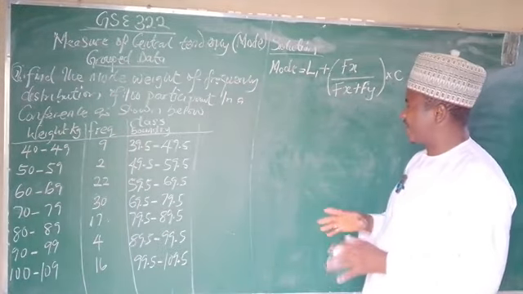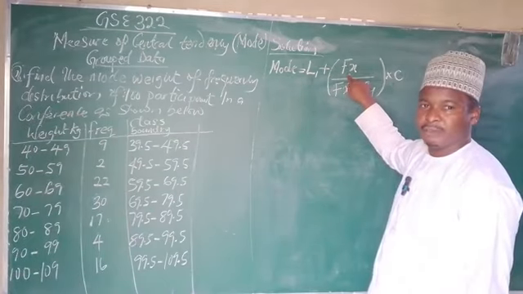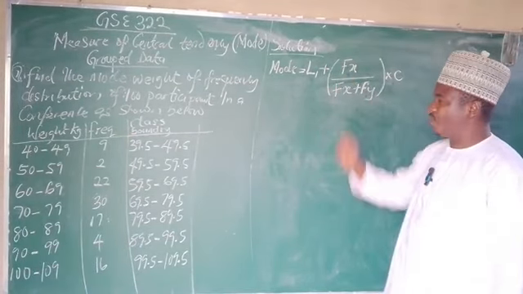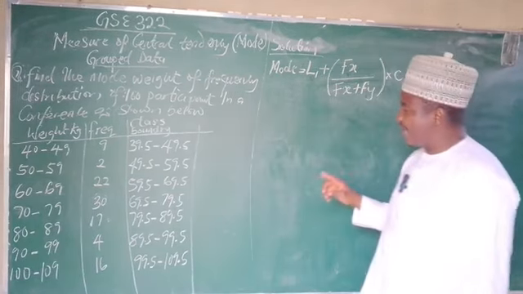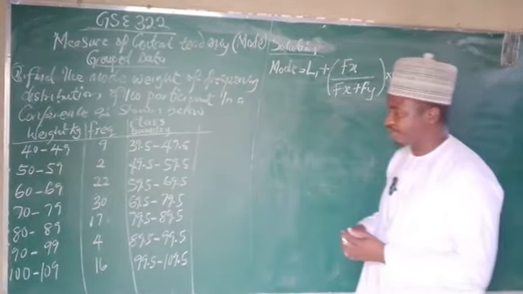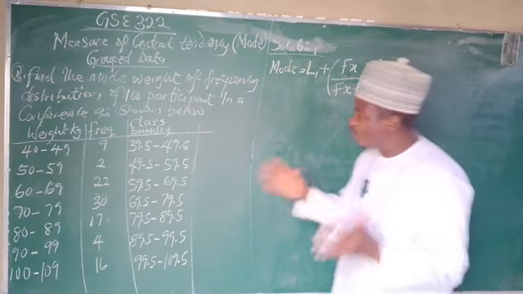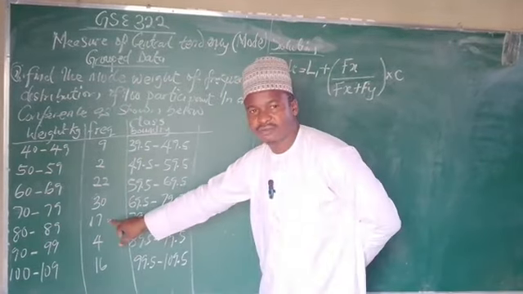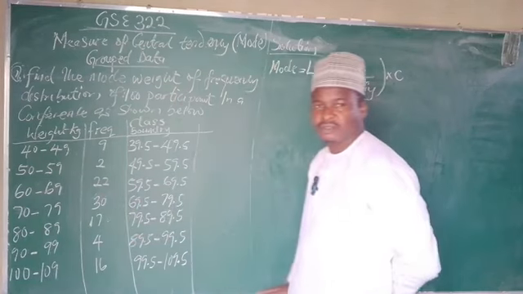So what next? This fx is talking about the difference between the frequency of the modal class and the class before the modal class. So now we have to go back to the table and find out where our modal class is. How do we determine the modal class? By coming to the frequency. Which class has the highest frequency?